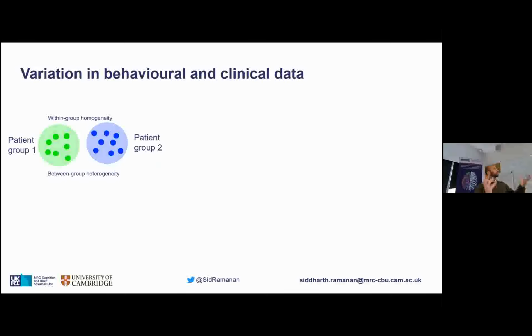So in clinic groups, we think of two patient groups that might be looking fundamentally different from each other, and that's what promotes this between-group heterogeneity. But everyone who's classified with a certain diagnostic label should be similar to each other, and that's what makes everyone who falls under the diagnostic label homogeneous. But this is what we predict, right?